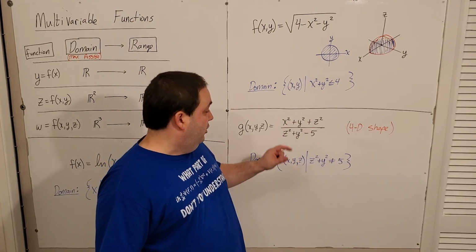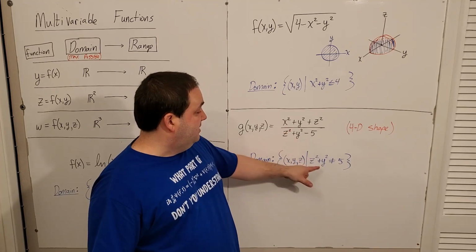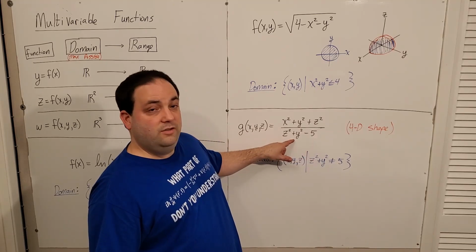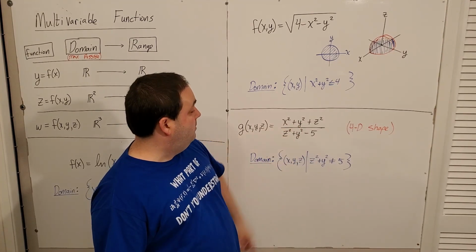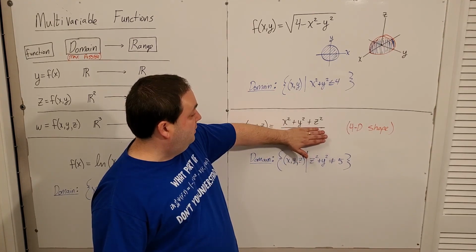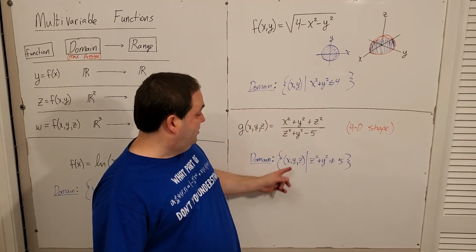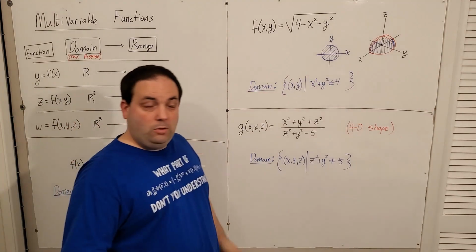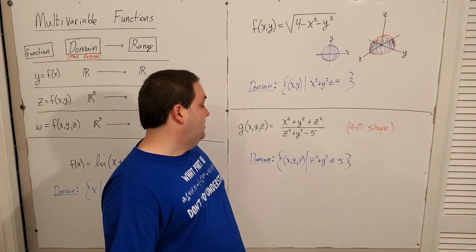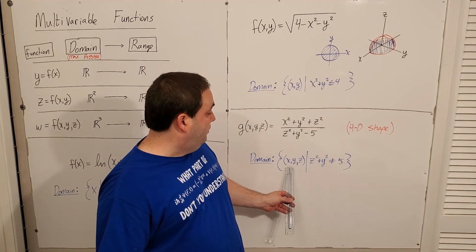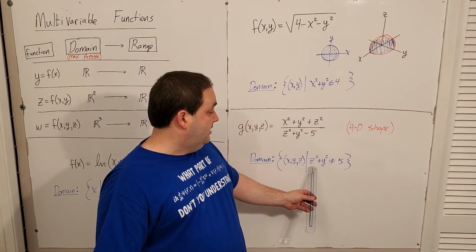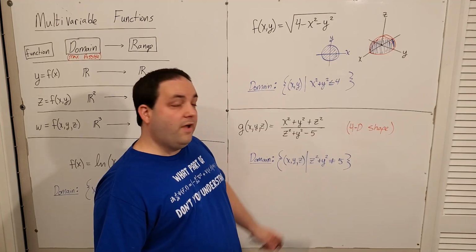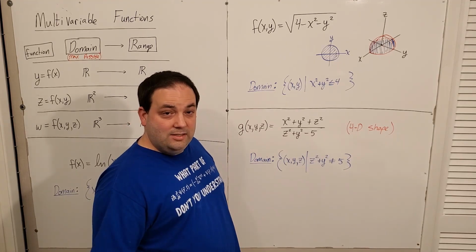The domain just happens to be this because I don't want this to divide by 0, right? If this was just x squared plus y squared plus z squared, I would have said all triples in R3, okay? In this case, I say all ordered triples from R3 such that z squared plus y squared is not equal to 5, so that I don't divide by 0 here, just in this case, right?